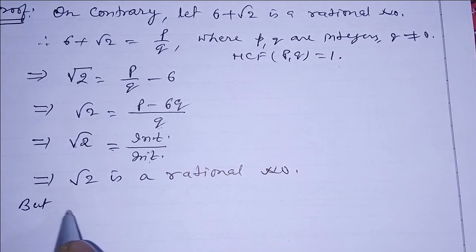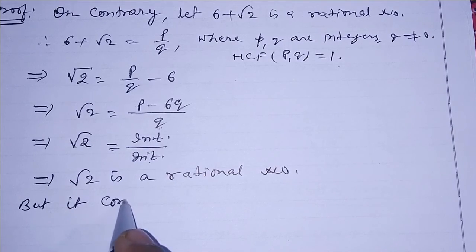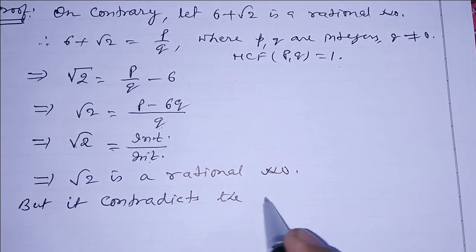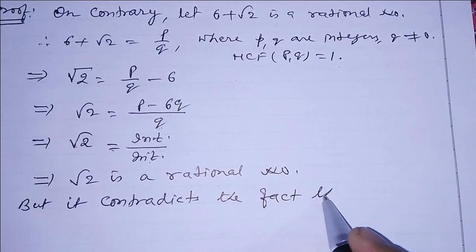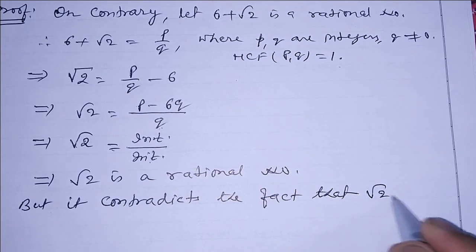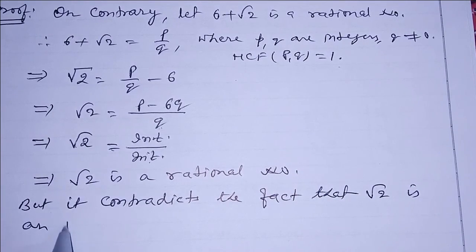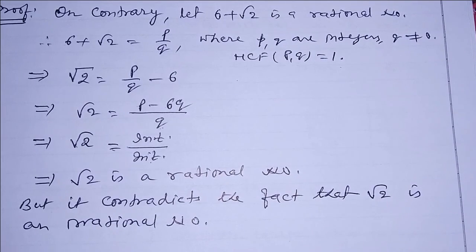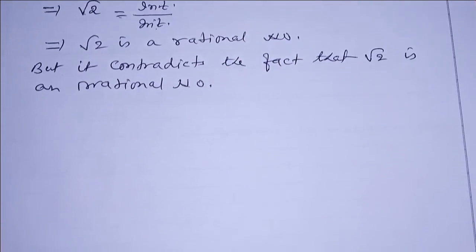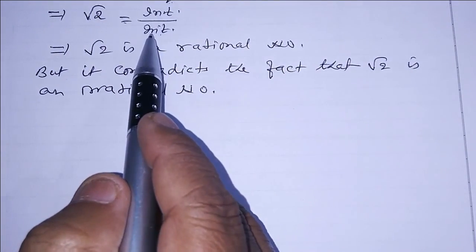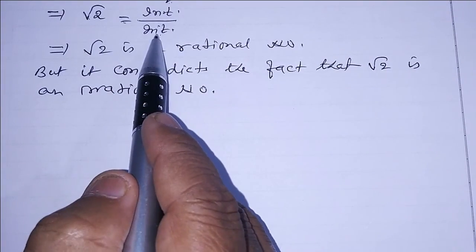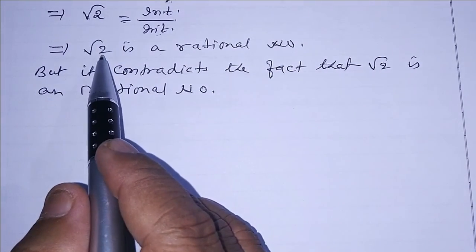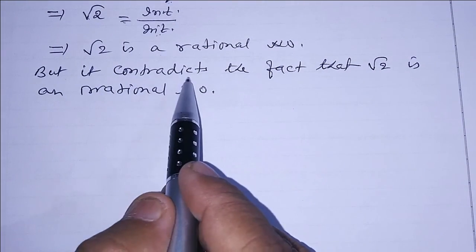But it contradicts the fact that root 2 is an irrational number. We have proved here, by taking integer by integer, that root 2 is a rational number, but we know root 2 is an irrational number, so it contradicts the fact.